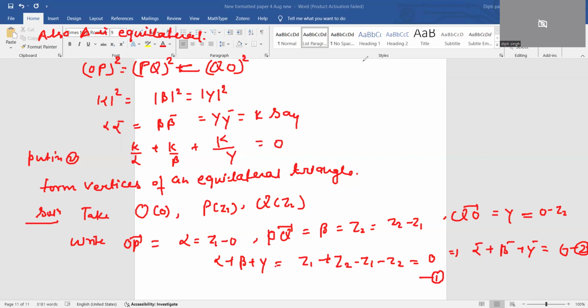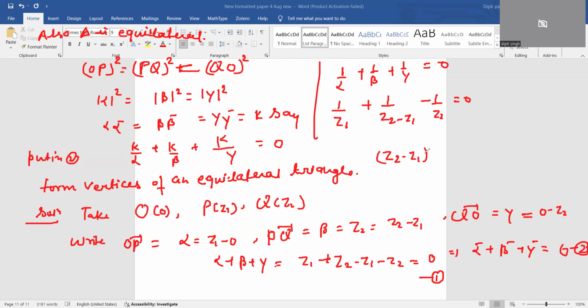So it means 1 upon alpha plus 1 upon beta plus 1 upon gamma equals 0. Just put the value of all these. Here the value of alpha is Z1, value of beta is Z2 minus Z1, and value of gamma is Z2. So just solve it. So what we get? Z2 minus Z1 times Z2 plus Z1 Z2 plus Z1 times Z2 minus Z1 equals 0.